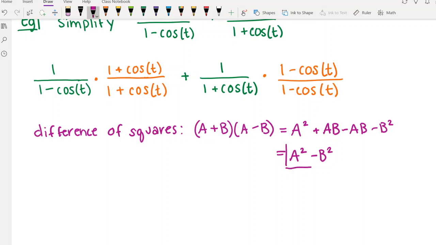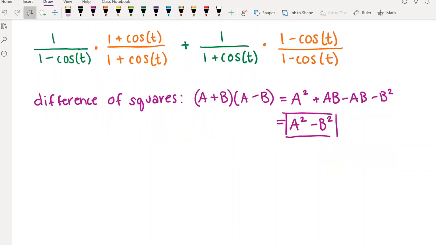So it's really nice to be able to recognize these when you see them so that you don't have to multiply everything out. In this case, if you're multiplying together 1 minus cosine of t times 1 plus cosine of t, rather than multiplying all that out and getting a complicated looking expression, just realize, okay, this is a difference of squares.